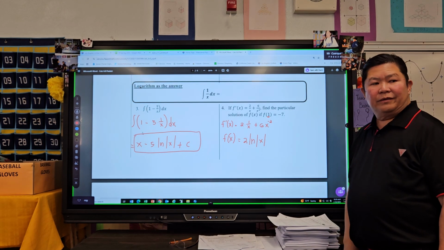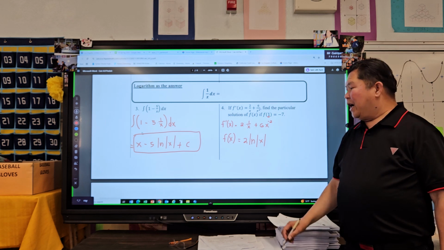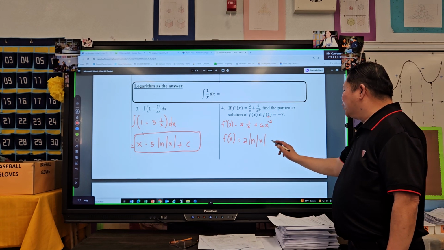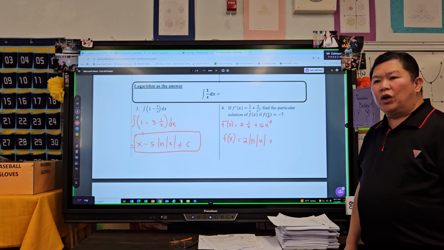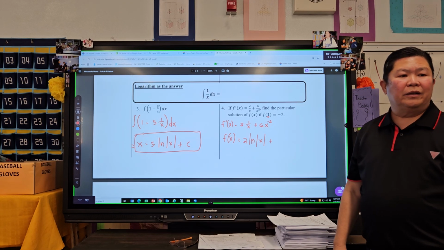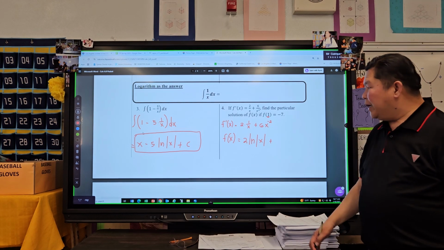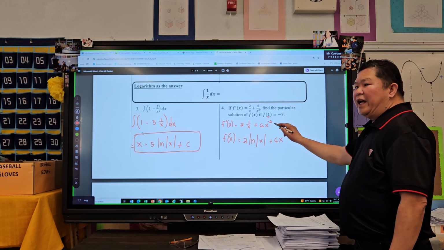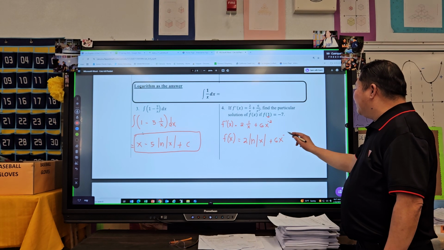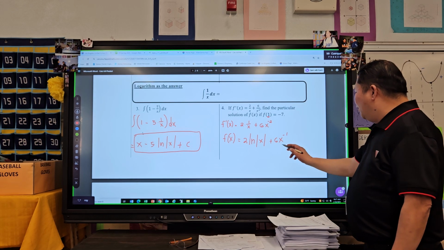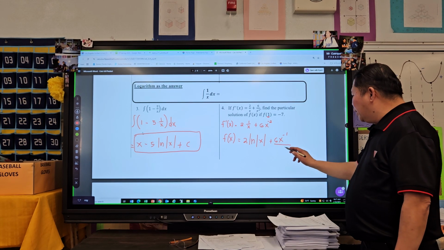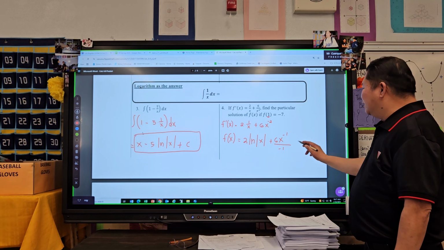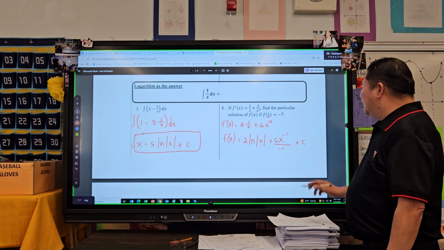Am I right, guys? And then how about this one? The power increases by 1. So this means 6x to the negative 2 plus 1, which is negative 1, over the new power negative 1, plus the constant.